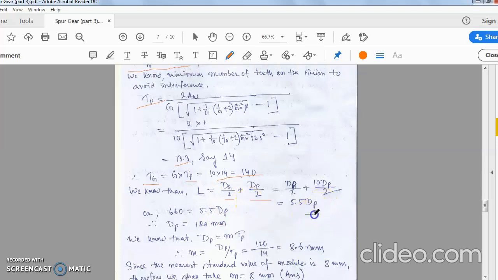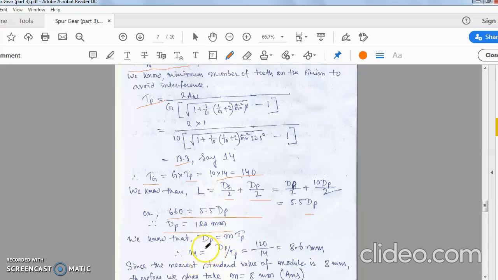So from this expression we get the value of dP. As soon as you get the value of dP, as the gear ratio is given, you can find out the diameter dG also.